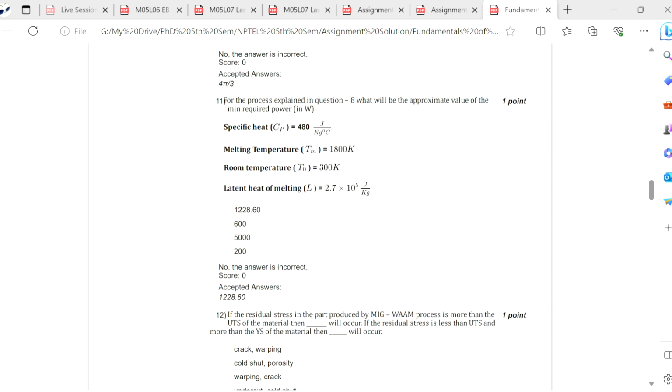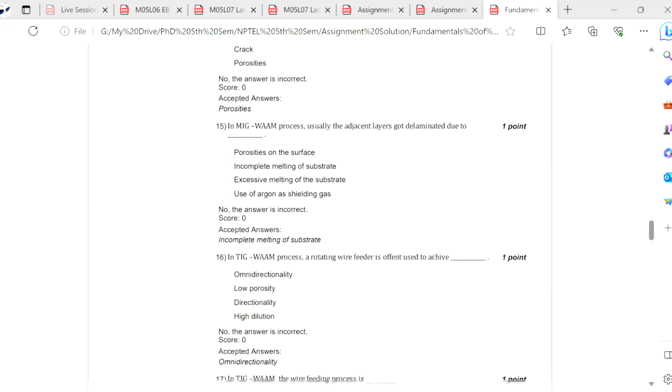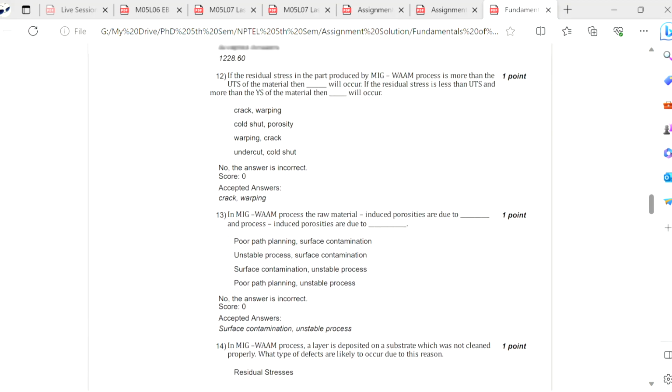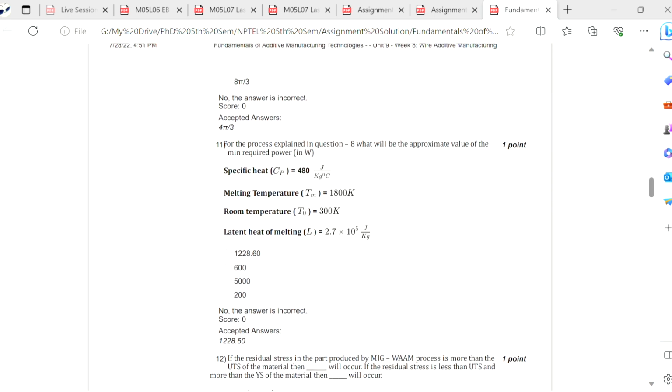Okay, I'll solve this in the next class and confirm the final answer. 1000 to 1250. Okay, 983. Yeah. Okay, we'll check this.